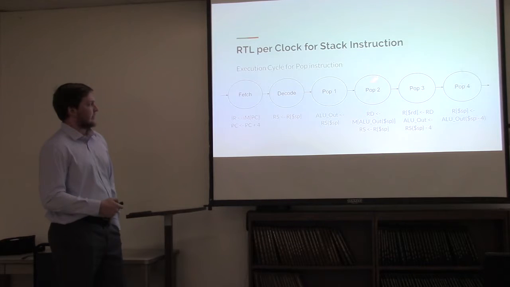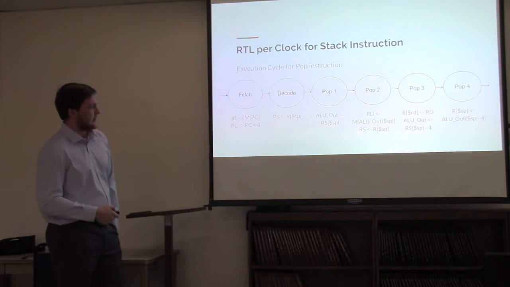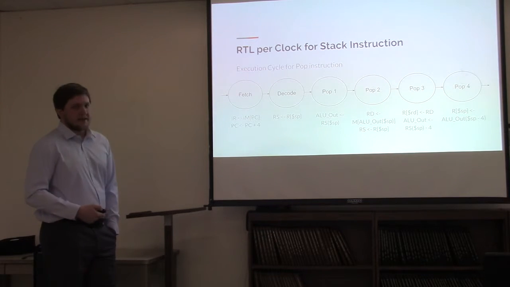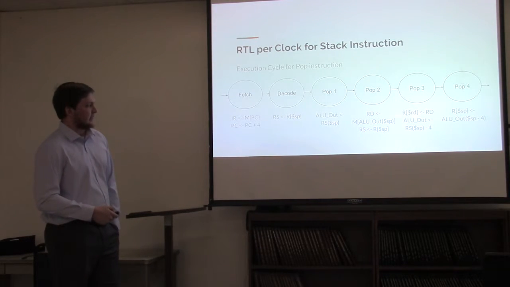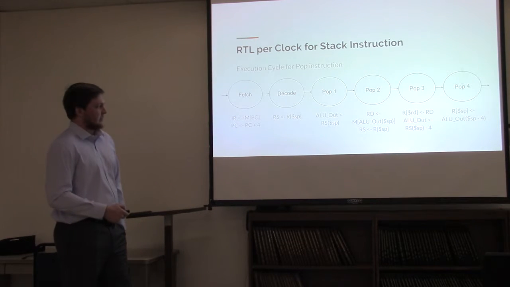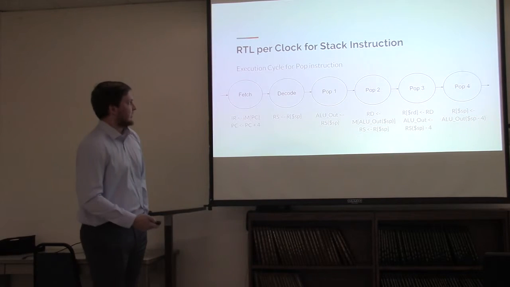In the next stage, RD, our input register, is loaded with data memory at the specified ALU output by the stack pointer, and then RS loads the stack pointer again so that on the next stage we can, after writing the input data to our destination register, have our stack pointer decremented, and then on the last stage we write the new decremented value back to the stack pointer.